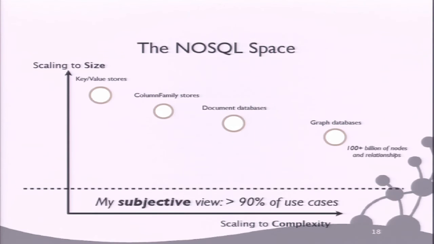Of course, my very subjective, and remember again, I'm the graph database guy, but what we see very, very clearly when we're out talking to customers is that 90% of the use cases live substantially below the size scalability requirements of all of these systems. Key value stores are great if you want to scale from 10,000 machines to 11,000 machines.